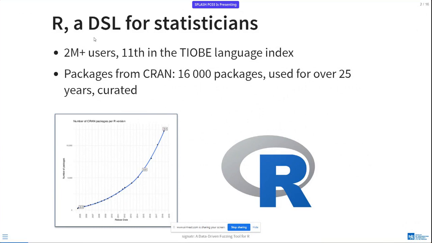Also, R has been designed by statisticians, and it's a mixed bag of paradigms. On one hand, it's a functional and lazy language like Haskell. On the other hand, it has 5 different object-oriented systems.